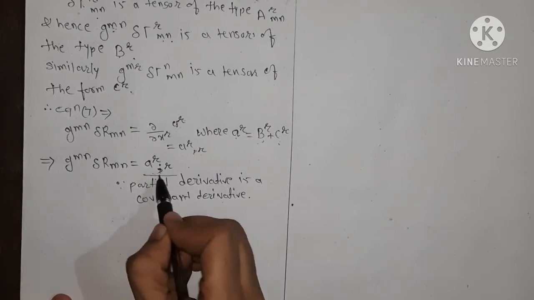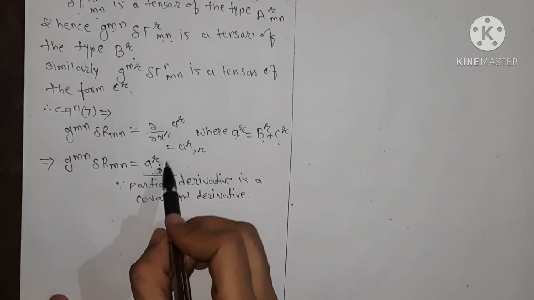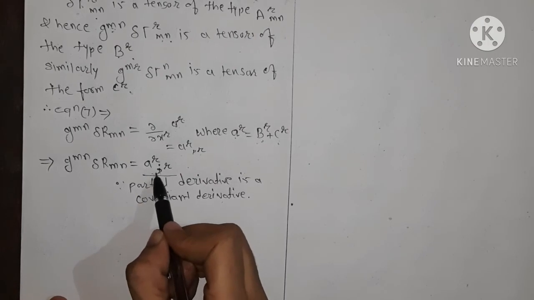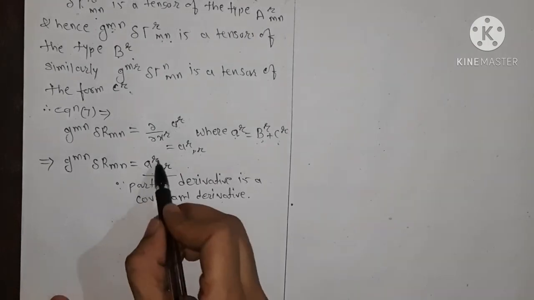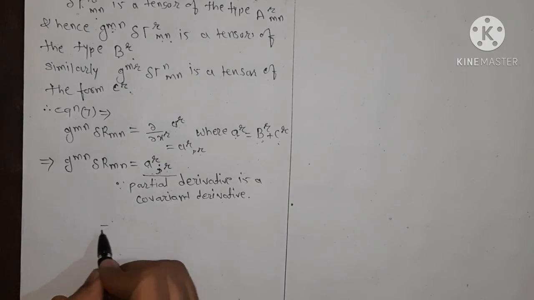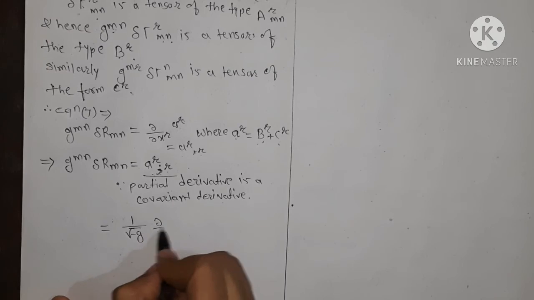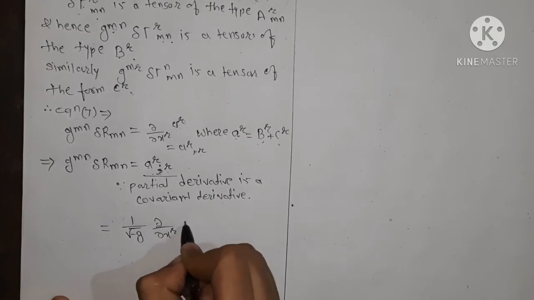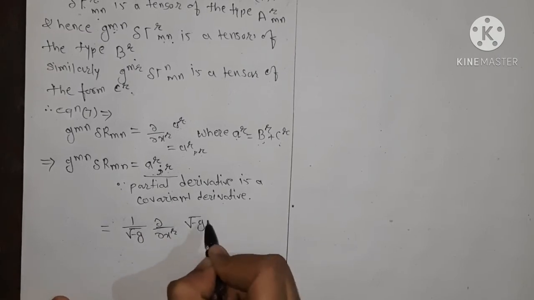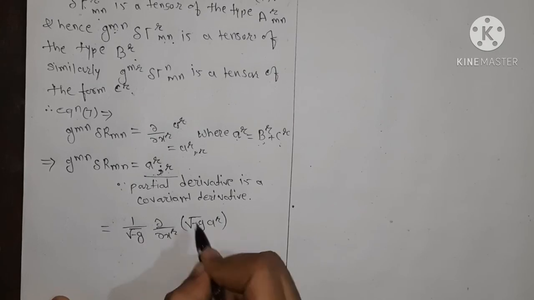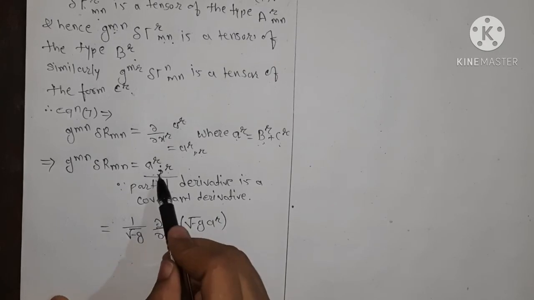This covariant derivative is also called the divergence. So what is the definition of divergence? A^r semicolon r is equal to 1 upon under root of minus g, ∂/∂x^r of under root of minus g A^r. So this is the definition of the divergence.